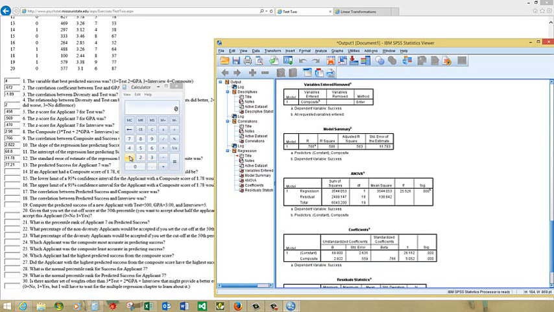So we'll go B, which is 2.822 times 1.78, which would be our X, equals, and then we'll add our constant to it, which would be plus 68.8. And we get 73.82.